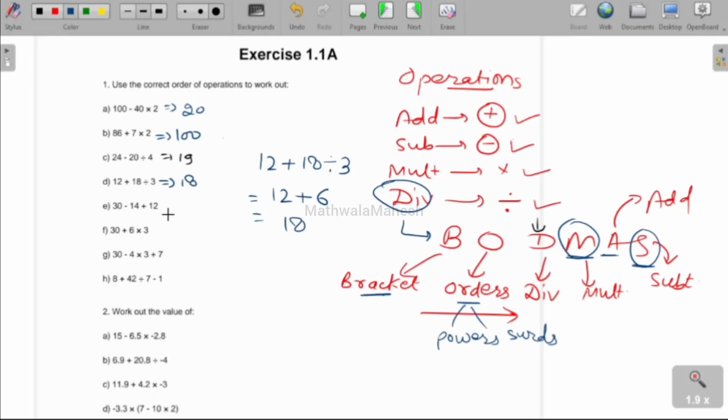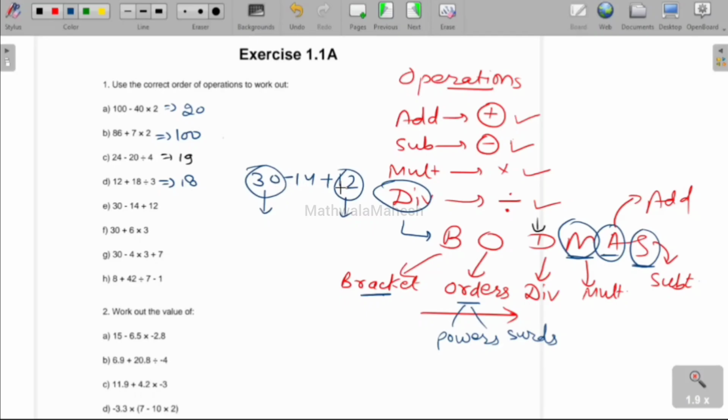In the next question, 30 minus 14 plus 12. In the BODMAS rule, addition comes first, then subtraction. So we will first add. Here 30 is positive and 12 is also positive.